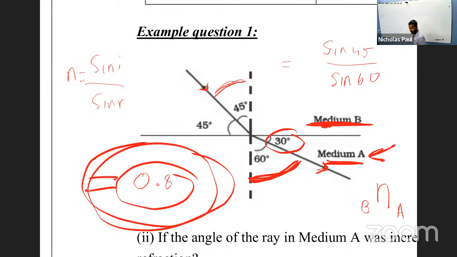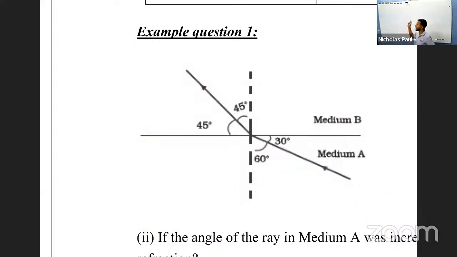Right, notice the arrow is going to change. Work it out the next way now.